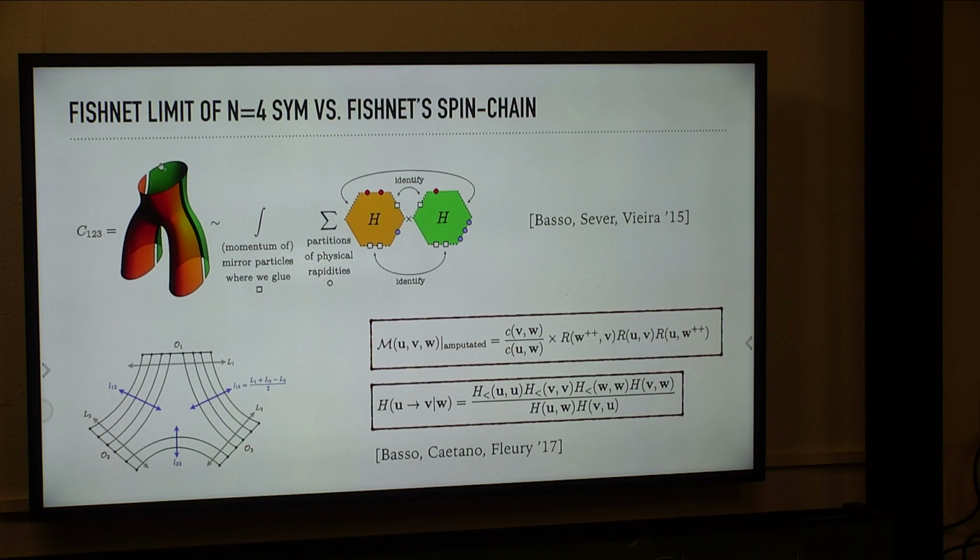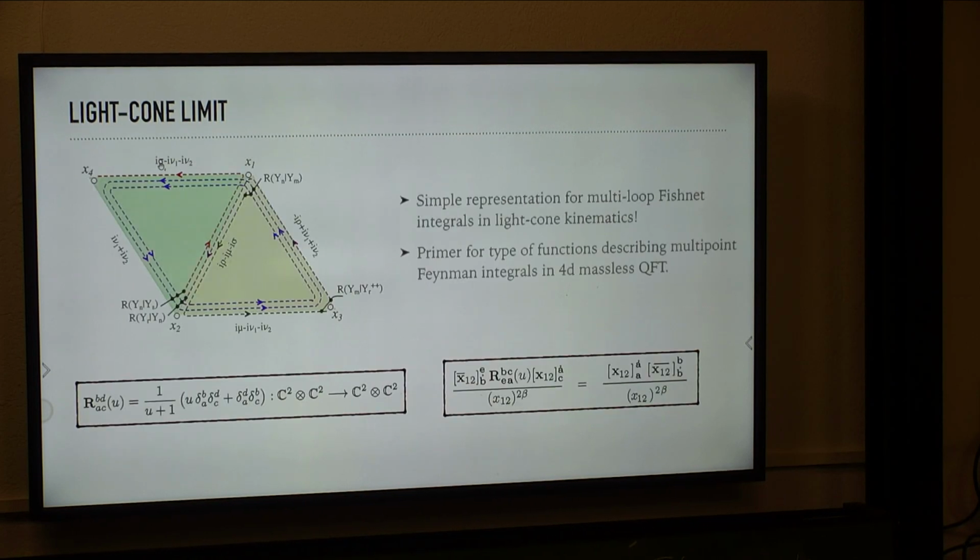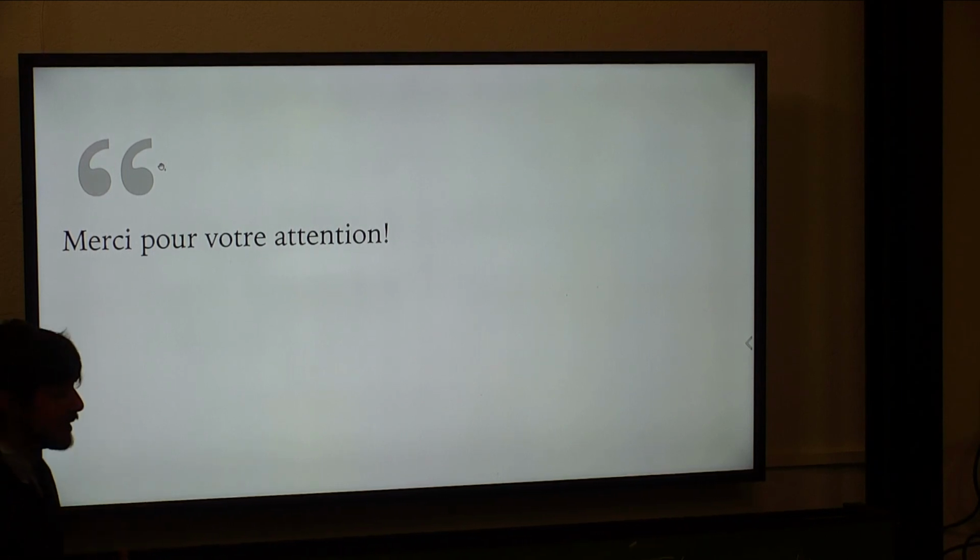So, in few words, it is a nice test of the conjecture that was made for N=4 in the fishnet limit. So another example, besides the one that Volodya cited of the spectrum, where the integrability of a conformal field theory arises directly from Feynman integrals. Okay. So thank you for your attention.